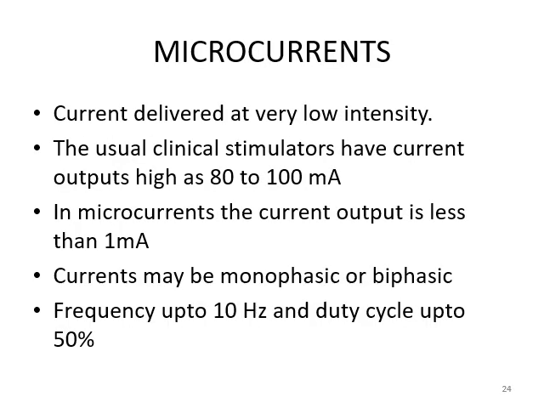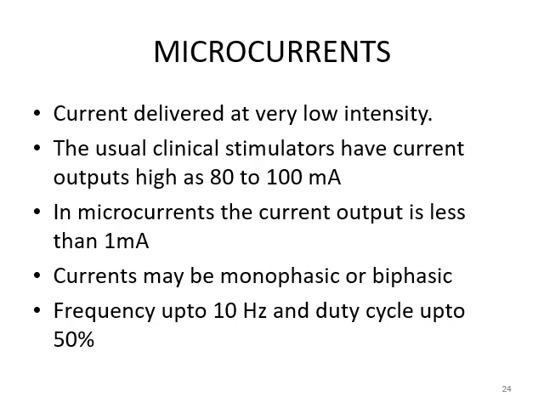The next stimulation type is microcurrents. They are known as microcurrents because the current intensity is very low, within the range of certain microamperes. In the routine clinical stimulation such as galvanic or Faradic or Russian or interferential or other types, the current outputs are high, maybe as high as 80 to 100 milliamperes.